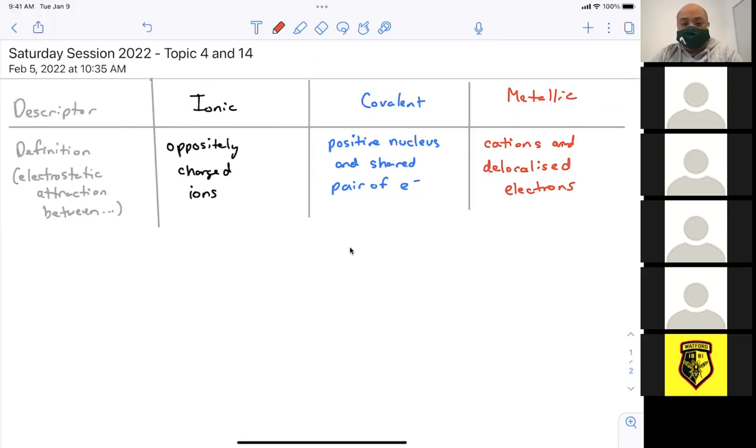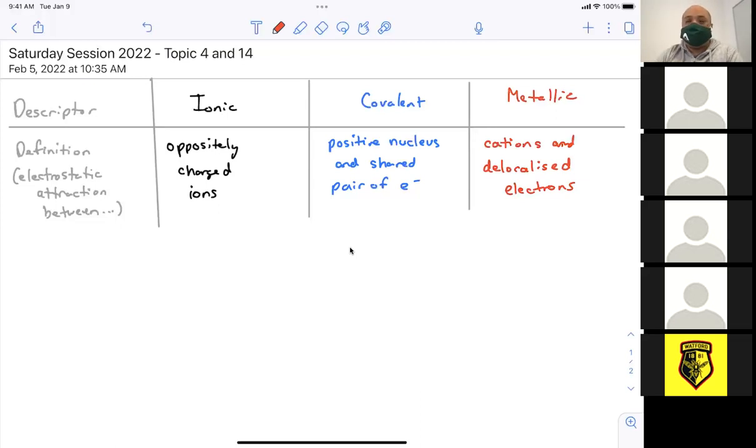So there's always an attraction between two different things: a cation and an anion, or a positive nucleus and a shared pair of electrons, or cations and a delocalized sea of electrons. I wouldn't just say the word sea, I would say delocalized. Yes, Alexandra. Delocalized means not owned by any specific atom.